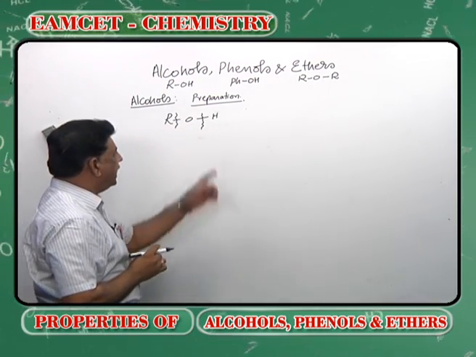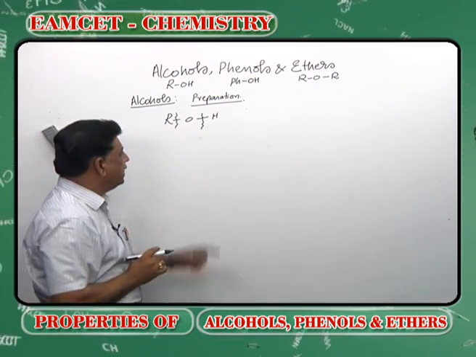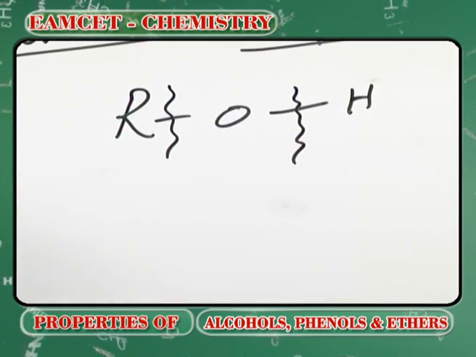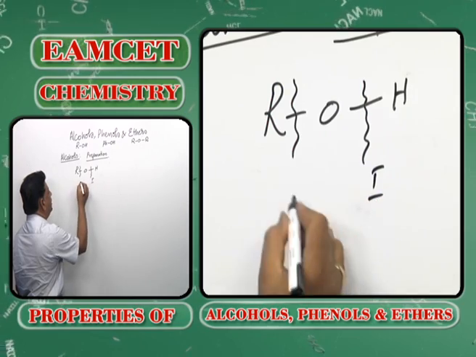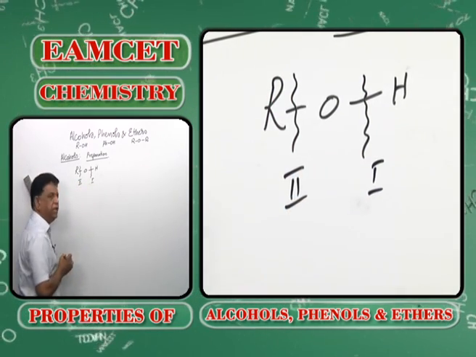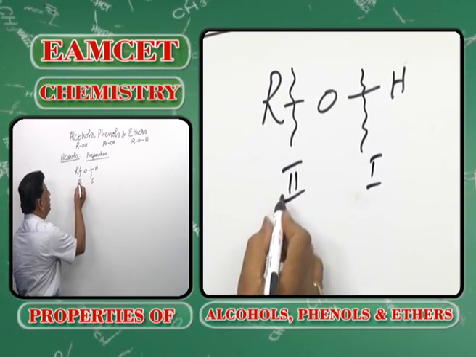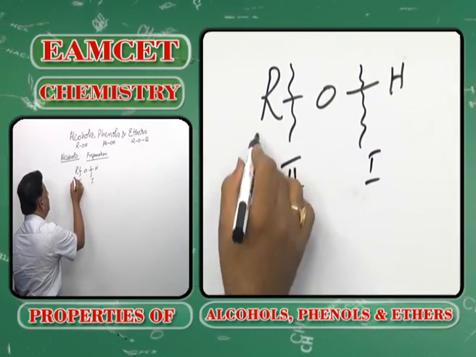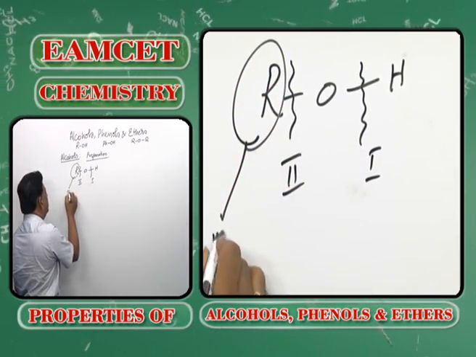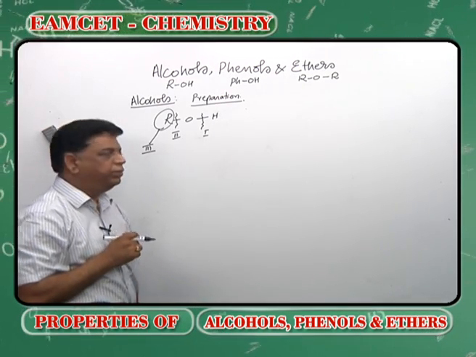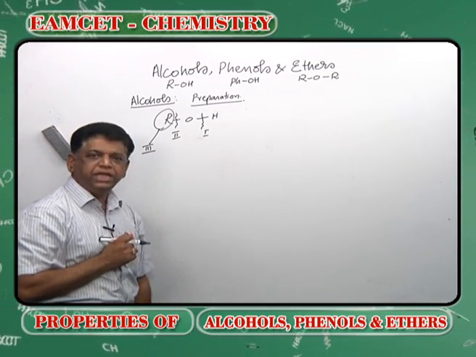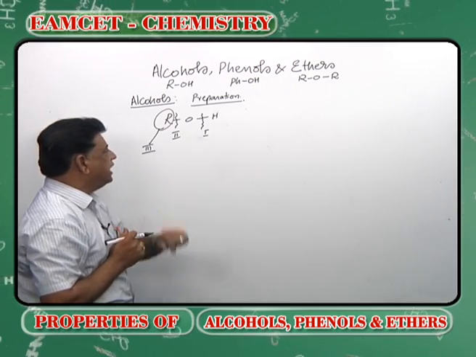One is the hydrogen breaking from the O, and the other is the oxygen breaking from the carbon. First, fundamental reactions, which are breakage of the hydrogen and breakage of the OH from the alcohol. And the third type are reactions taking place in the alkyl group influenced by this OH group. So there are three types of reactions.